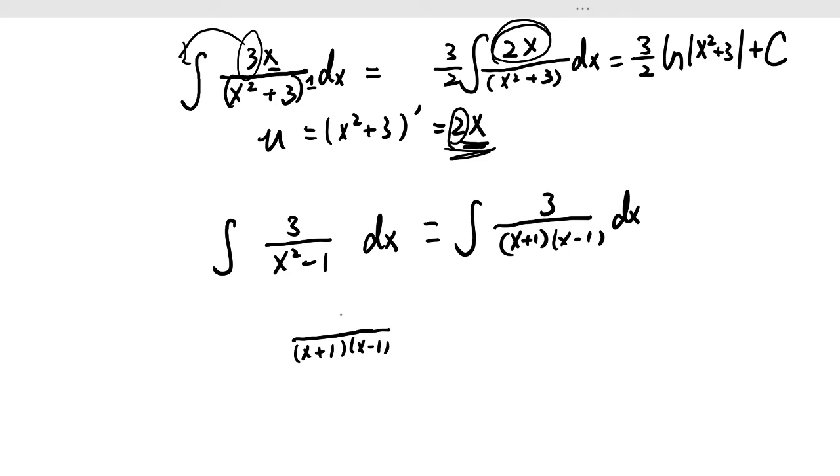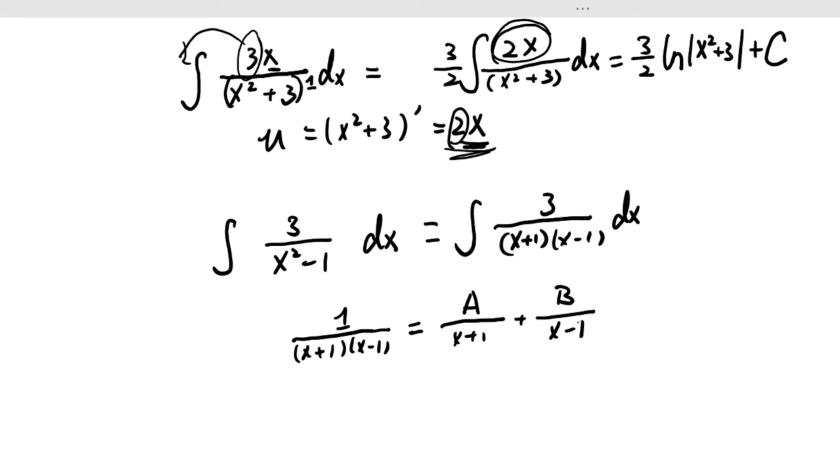Let's forget about the 3. So I'm going to put 1 right here. Now this is going to be equal to a over x plus 1. It's a linear function, so the numerator is going to be a constant, a, and b the second constant, over x minus 1.